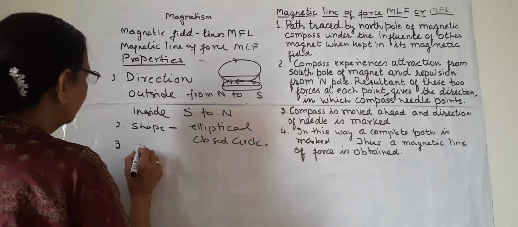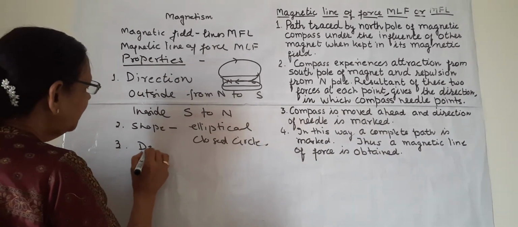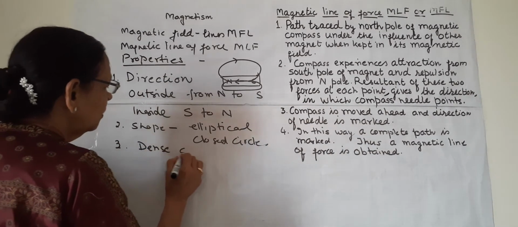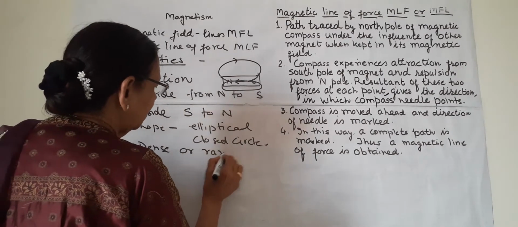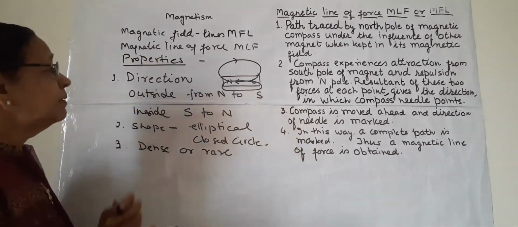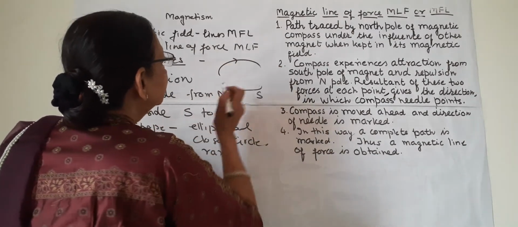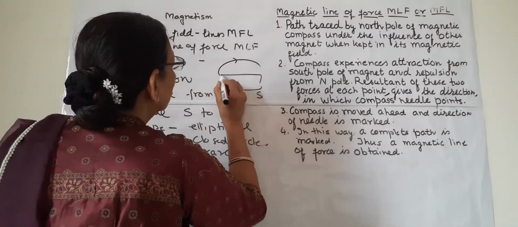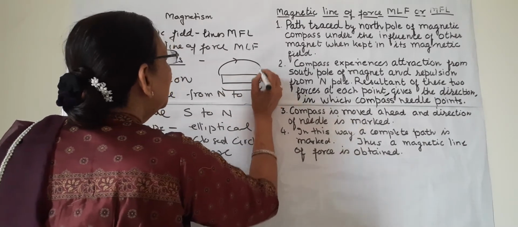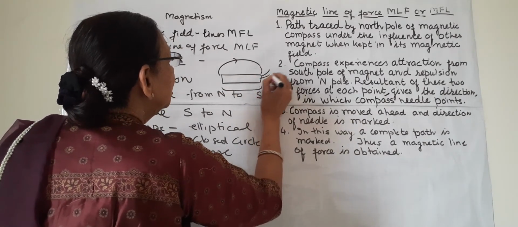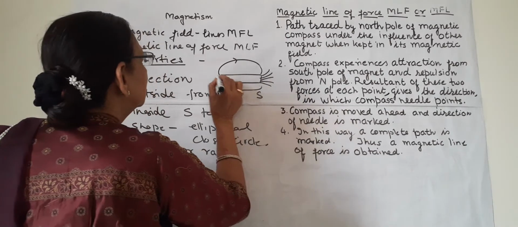The third point is they may be dense or rare. What does it mean, dense or rare? As it is the magnet, they are more dense near the poles.